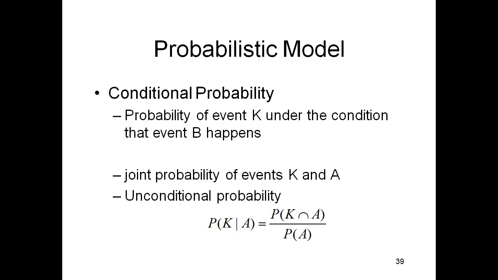Remember the joint conditional probabilities, a basic formula in statistics, and for information retrieval we simply interpret the weight of a term in a document as the probability that this document is relevant for a query with this term, right?